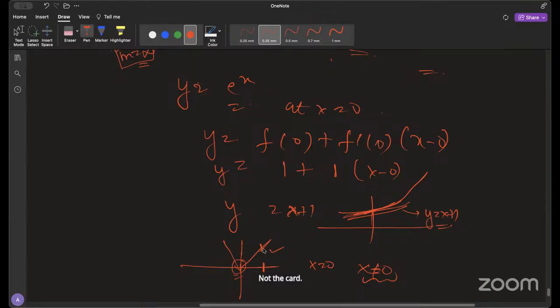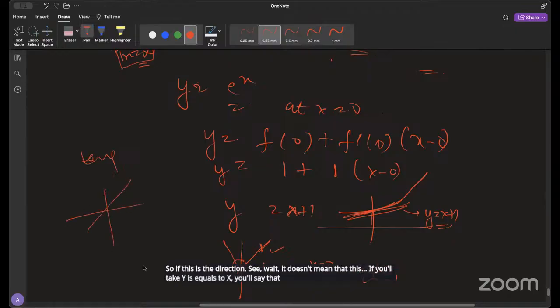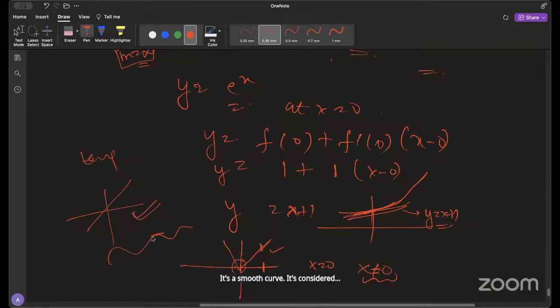Ma'am, tangent is for a smooth curve, I guess. It is for a smooth curve, but what we mean here is that you don't even need a tangent here, because why do you actually find tangents in the first place? To find the direction. It's a straight line. It doesn't mean that if you take y equals x, you will say that this is not a smooth curve. It's a smooth curve; you don't have to have curves like this to have a smooth curve.